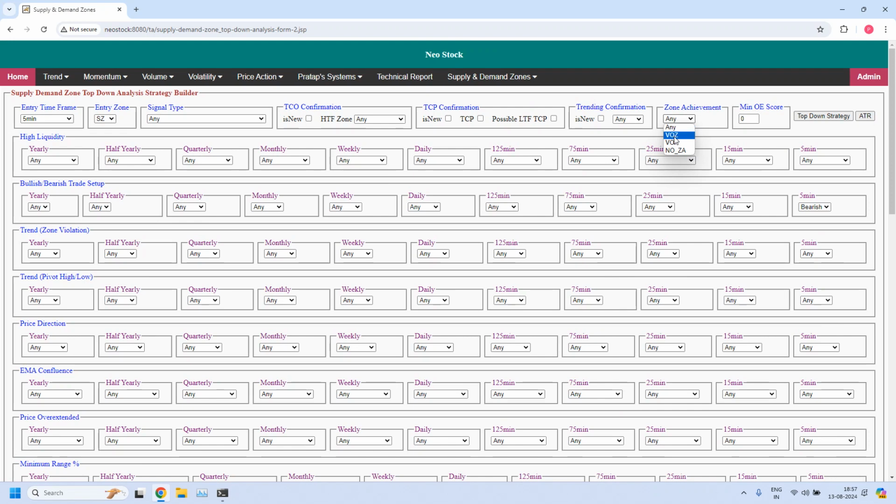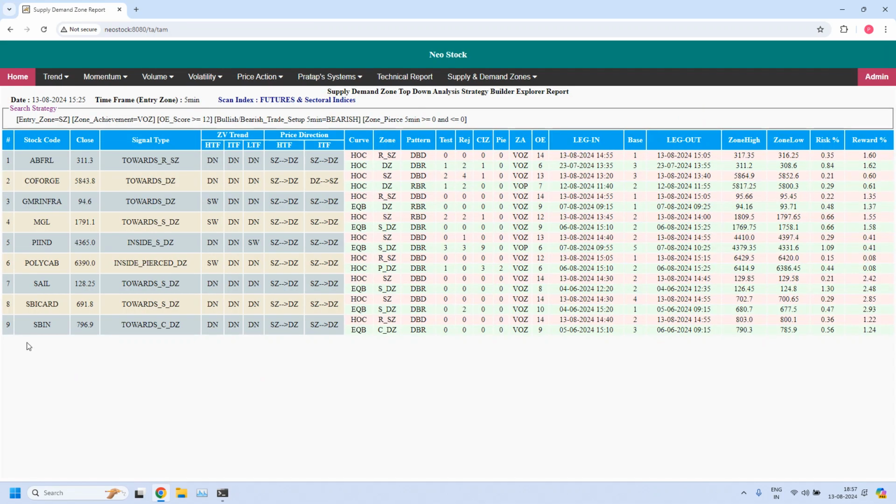Zone achievement is violated opposing zone, minimum order enhances score is 12. All the 3 filters are applied to 5 minutes supply zone. So now 9 stocks are filtered. All these 9 stocks are supporting a bearish trade setup for hourly income trade. So you should look for supply zones.